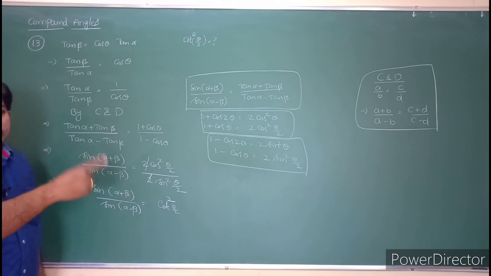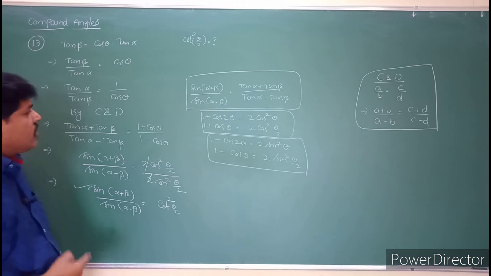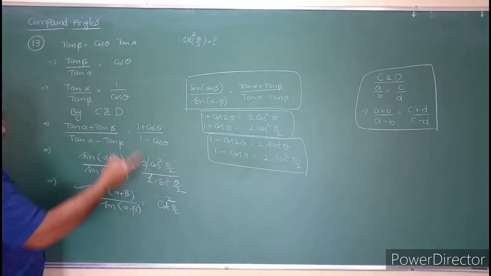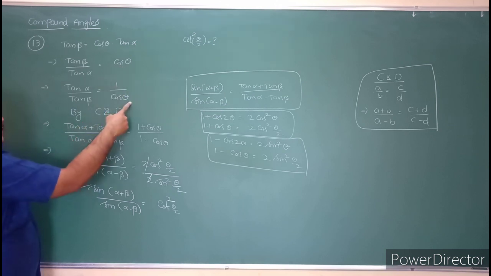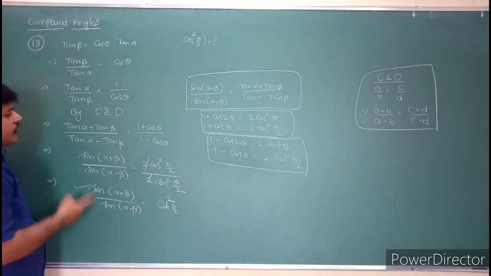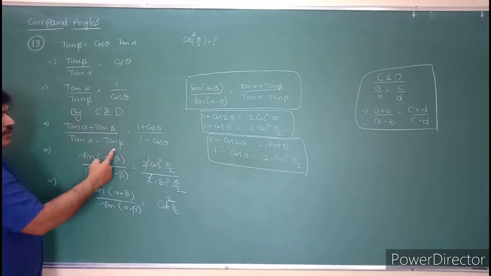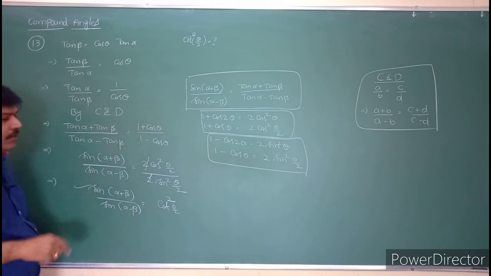So see this one. What are the formulas we used in this problem? First one, tan beta by tan alpha is equal to cos theta. Take the reciprocals, it will become 1 by cos theta. Apply the componendo and dividendo formula. What is that formula? (a plus b) by (a minus b) is equal to (c plus d) by (c minus d).